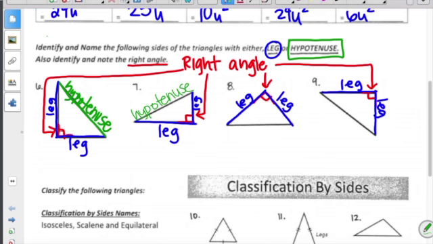Number 8, hypotenuse. And number 9, hypotenuse. Okay, so we've identified the legs, the hypotenuse, and the 90-degree angles in our right triangles.